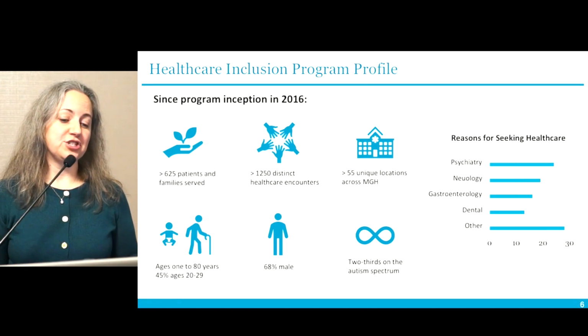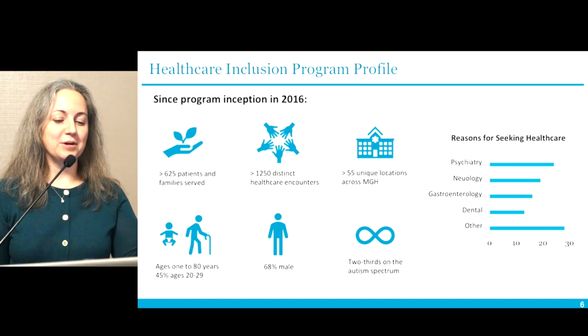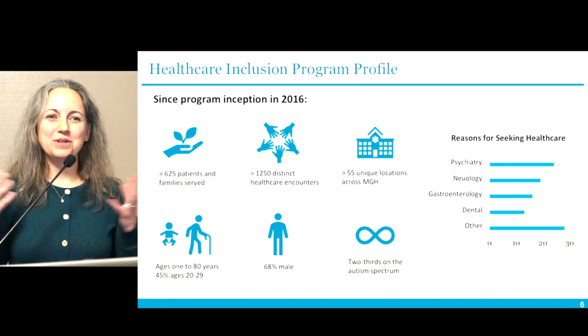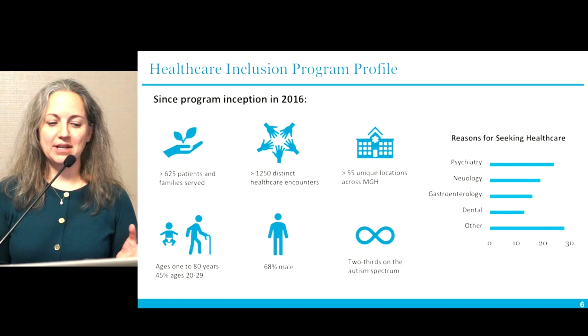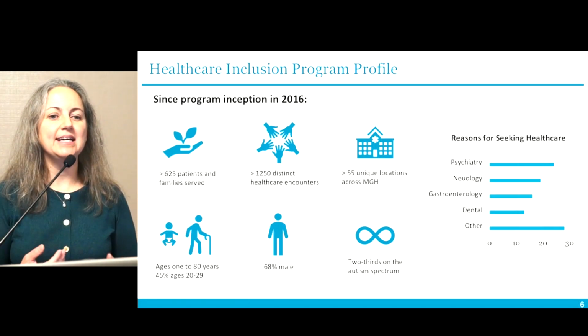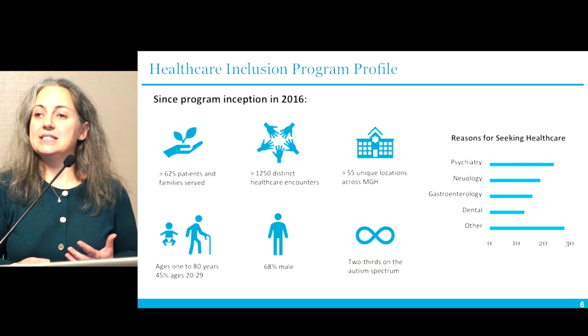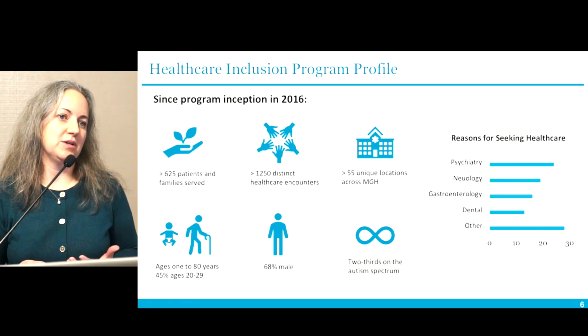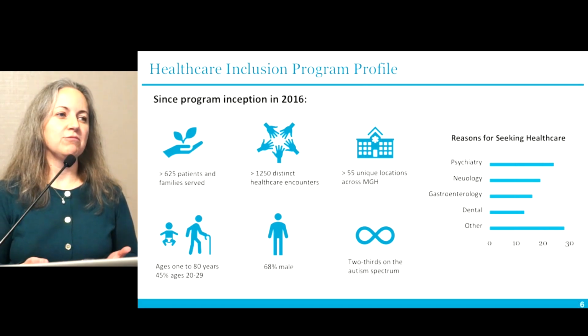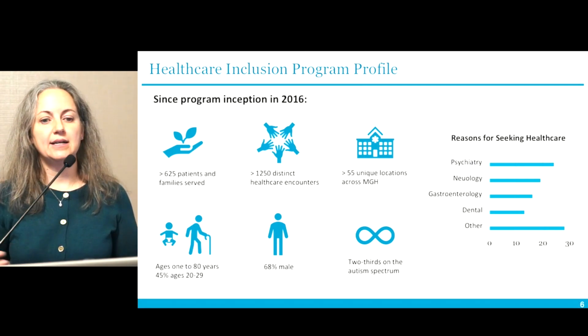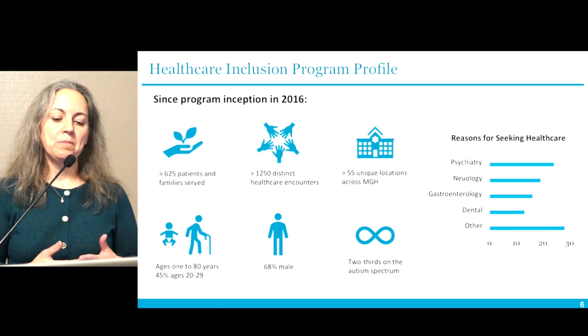And the age range is, I've supported anyone from 1 to 80 years old. Really, the largest population of people that I support is in this transition age of 20 to 30 years old. Which makes a lot of sense because that's the age that my role was created for. So it's an age that really does need a lot of support during that transition.